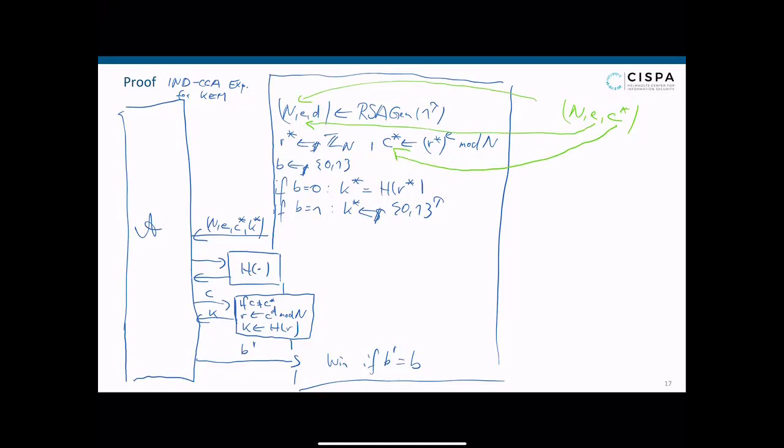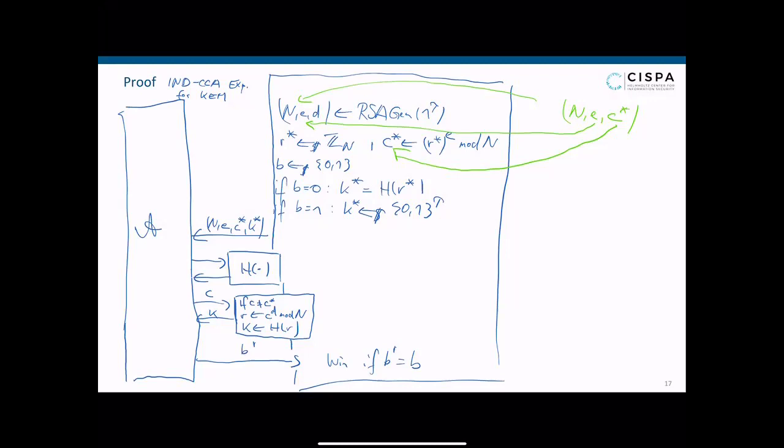Let's say we were to do it this way. Where do we, as a reduction, run into a problem? Look at this experiment, and is this information that we're being given here, N, E, C star, sufficient?